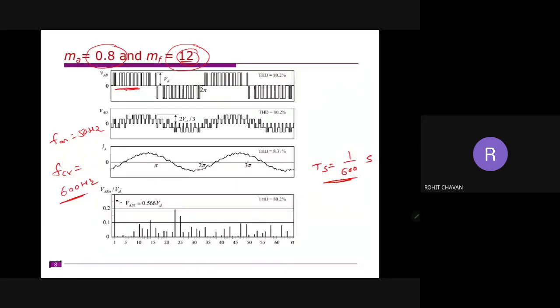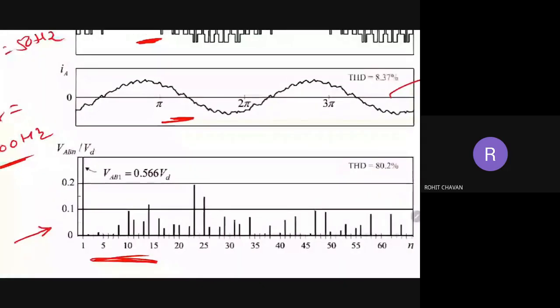It looks the same as sine PWM, and this is the corresponding phase voltage, and this is the corresponding current. They may have taken an RL load. And this is its harmonic spectrum. When you do this, the disadvantage is, if you notice, that you will get even order harmonics.